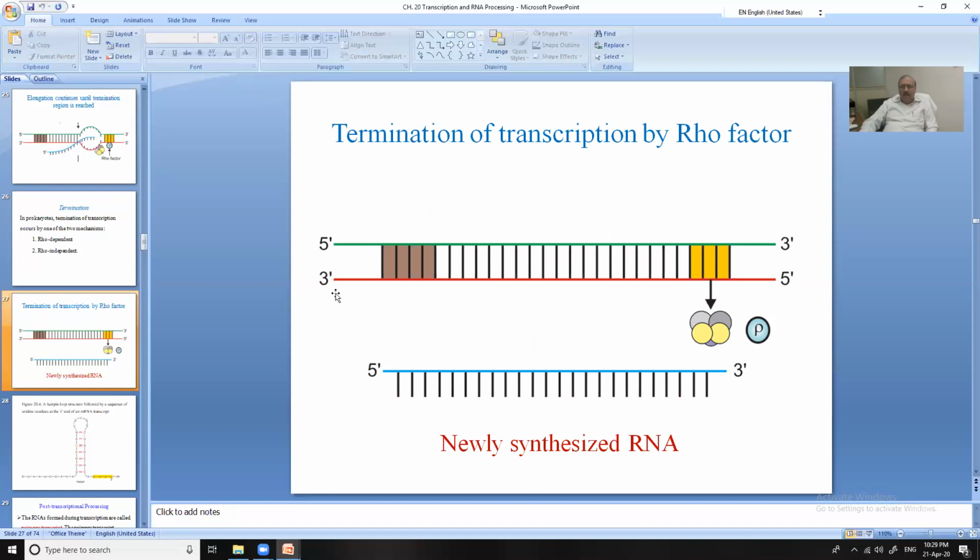So you can see here the newly synthesized RNA. Okay, and it is terminated here. So you are getting a single stranded RNA from a double stranded DNA transcription. After transcription, you are having a newly synthesized RNA.